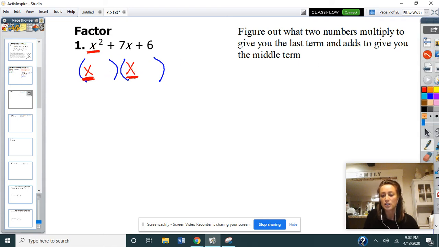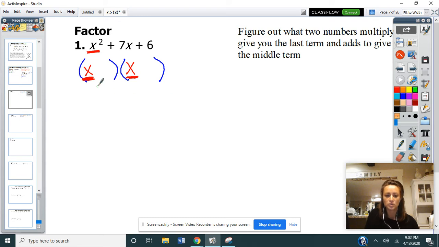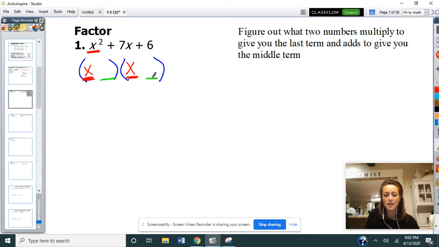And now the last terms of the binomials that go here and here have to multiply to give me 6. But remember, it says right here, they have to add to give you the middle. So we've got 1 times 6 gives me 6, or 2 times 3 gives me 6. Remember, these are the only options to get 6. So out of these, which one adds to give me the middle term?